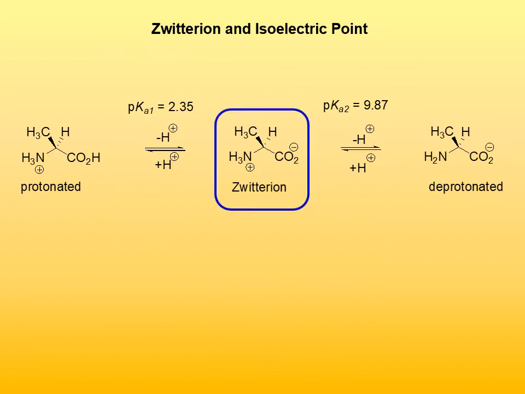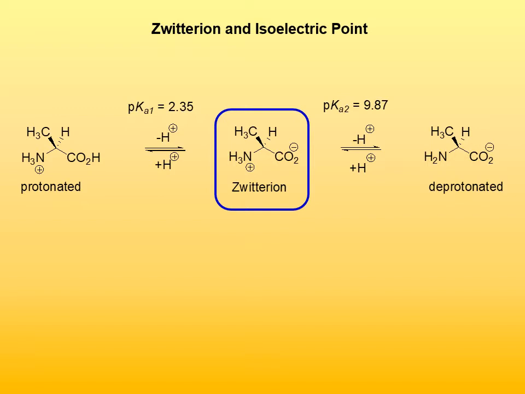As I already mentioned, amino acids exist in the form of a Zwitterion. Zwitterion means that there are charge separations in such a molecule. So it's a general term for any molecule that exhibits charge separations, where positive and negative charges are separate. A Zwitterion is an overall neutral species. And so the Zwitterion is the neutral form of an amino acid.